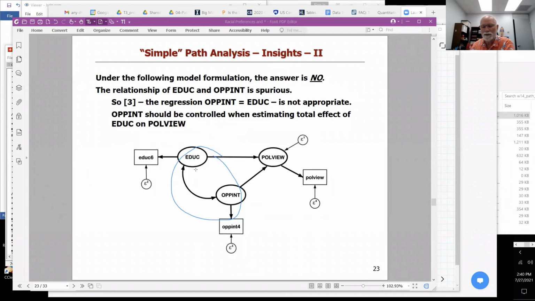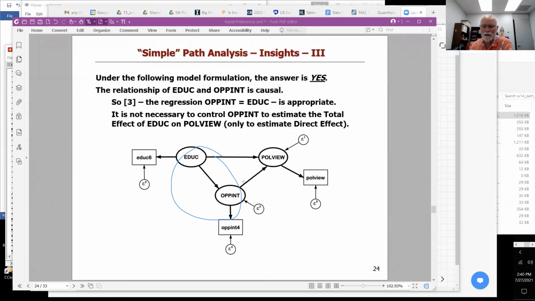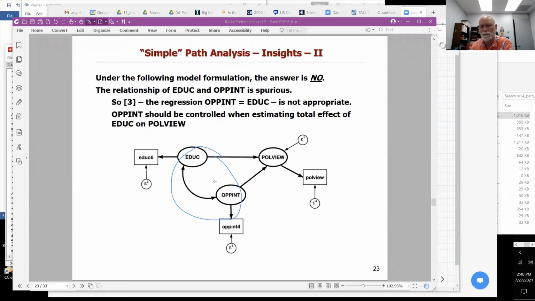Here, there's no causal connection. This is a curved arrow. Here, there is a straight line arrow. The choice between straight line representation and curved representation changes everything. It changes the way we establish the effects of the variables.